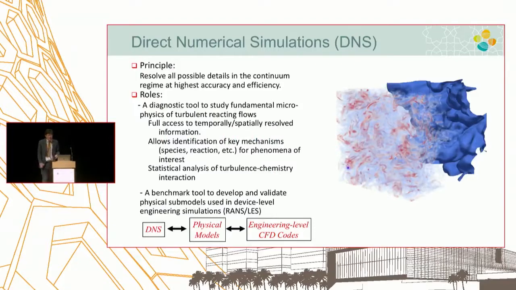The DNS principle is, once again, as long as we're in the continuum regime, we resolve everything. And the role of DNS is limited because of that. You are only limited to typical standard configurations, a rectangular box. It's not even easy to have anything like a cylindrical coordinate, it is challenging, but people do that.